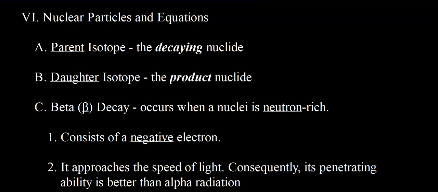What blocks beta particles would be a thin piece of, say, metal foil, like aluminum foil. Beta particles can definitely penetrate through our skin, get into our bodies, and cause all kinds of problems. So we'll compare relative penetrating abilities of the different types of radiation. Beta particles, pretty dangerous, pretty high penetrating ability.